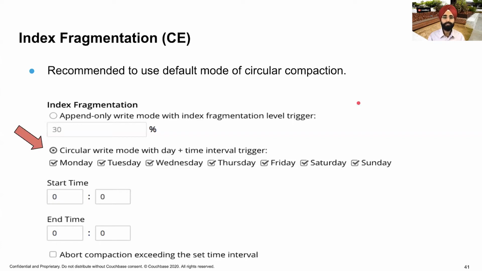By default, that's the setting, which is defaulted to circular mode. The other option is to trigger compaction based on a specified trigger in terms of percentage of fragmentation, although the recommendation is to use the circular mode so that the reuse can happen and it's much more optimal.